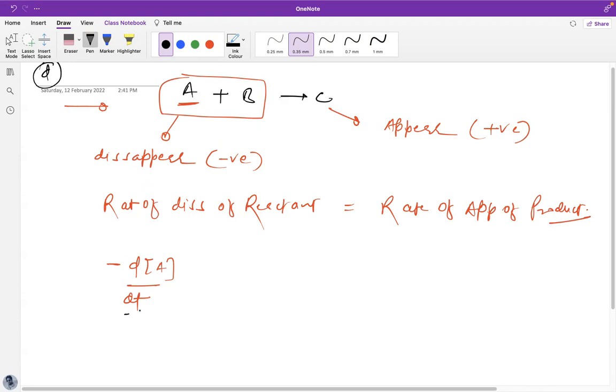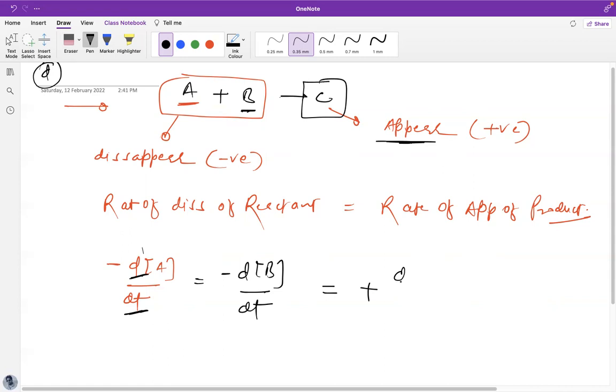So dt means change in time and dA means change in concentration of A. So we can say minus dA by dt, and that is equal to minus dB by dt, as B is also a reactant. And now it is equal to dC by dt, since C is a product and it will appear, so positive sign.